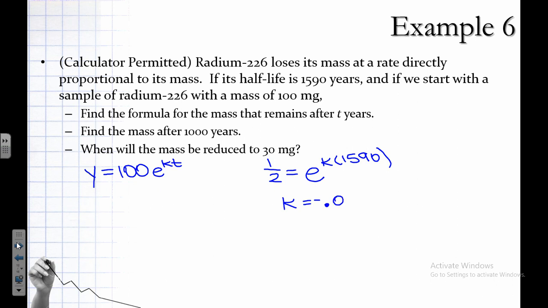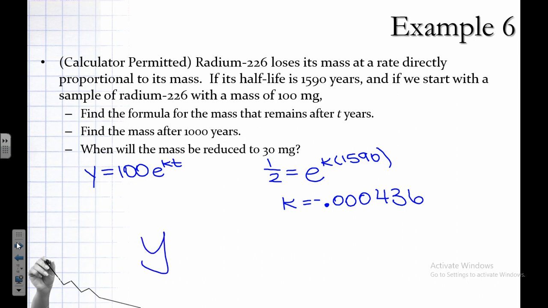So 0.0, 10 to 50. Three zeros. 4, 3, 2, 3, 5.